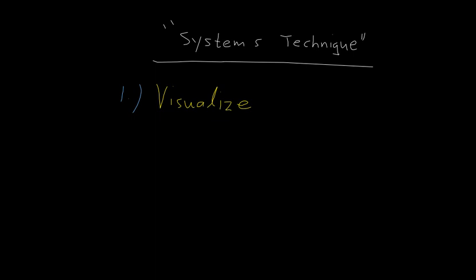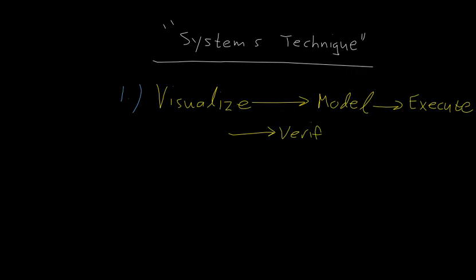Then the next step is model. Then the next step is execute. And finally, the last step, we want to verify. Verify better be in there, because what type of math are we doing if we're not verifying our proofs and our solutions?